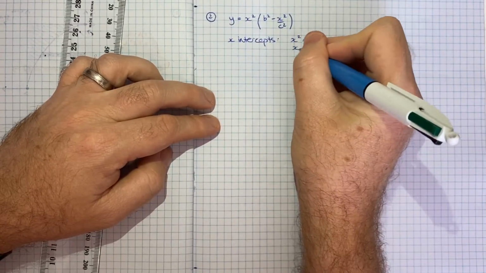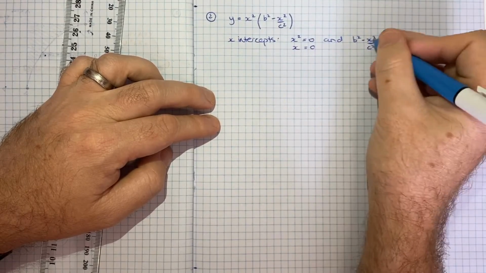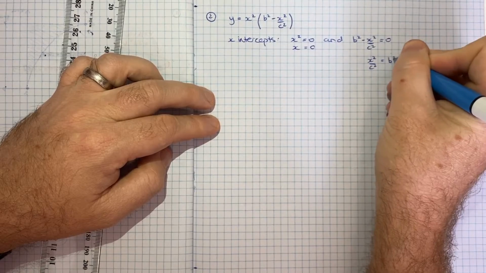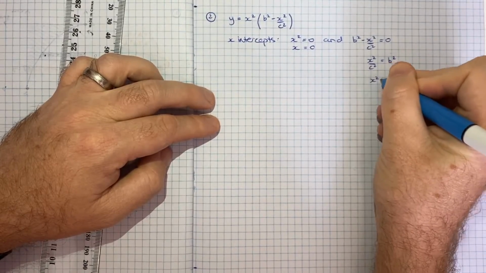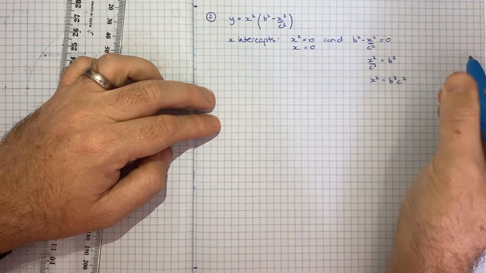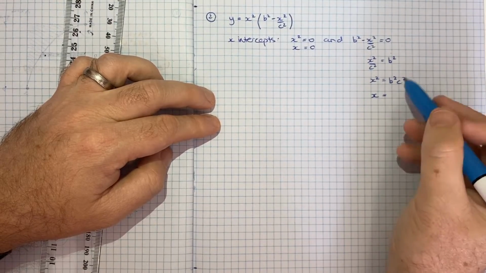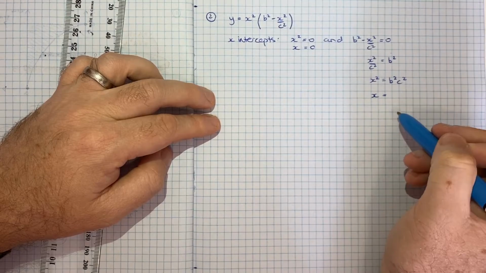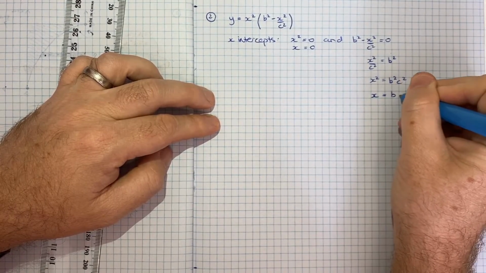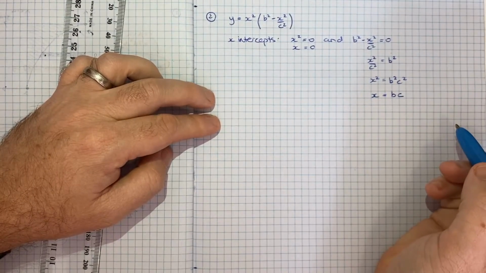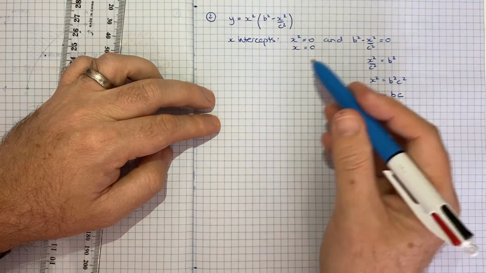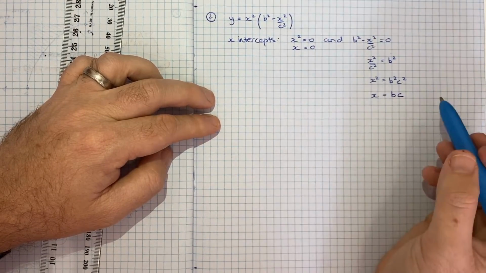Here we'd get x equals 0, and here we'd get x squared on c squared equals b squared, so x squared equals b squared c squared. So x would in theory be plus or minus bc, but we're only looking in the first quadrant, so that would just be the positive answer, bc. So there are the intercepts. The question is, is there going to be any turning point between these two x values?